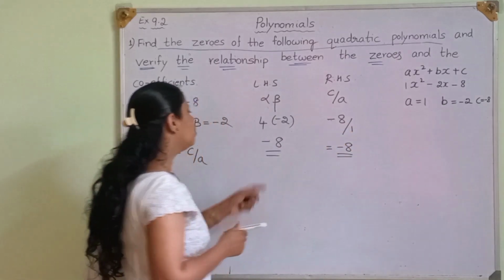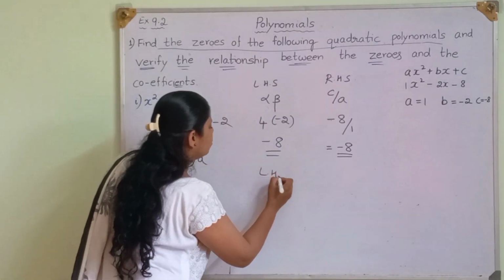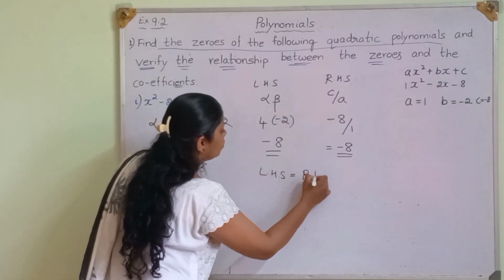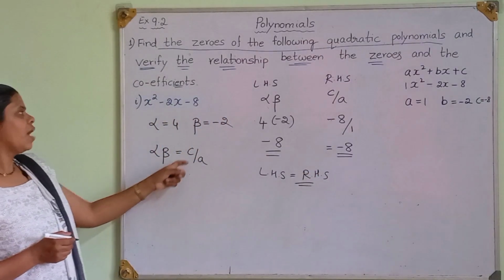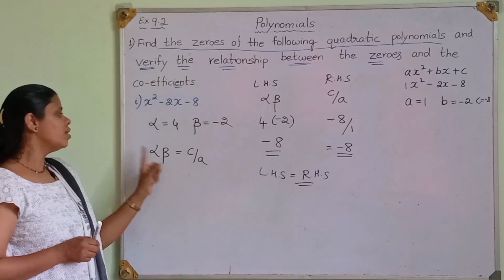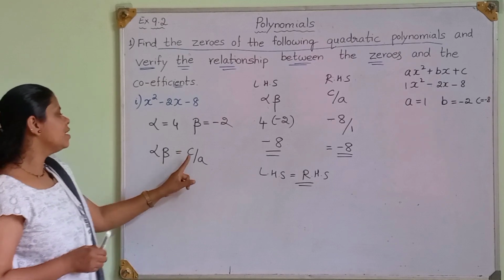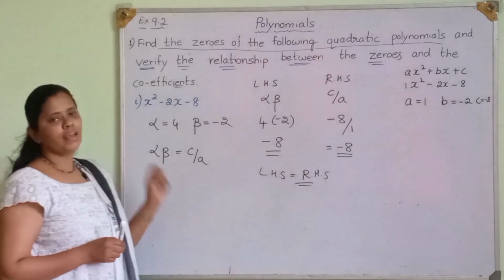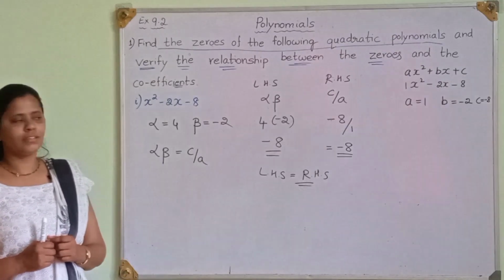Okay? Now look at these answers. LHS is equal to RHS. We have verified this. Okay? We have verified the relationship between this formula. The product of the zeros of the polynomial is equal to constant divided by coefficient of x square. Hope you have understood. Now let us solve the second question.